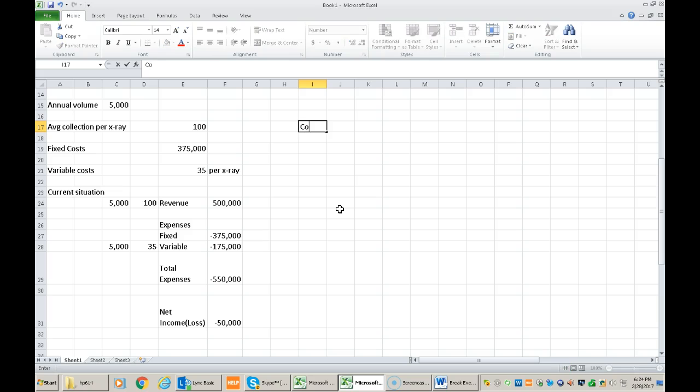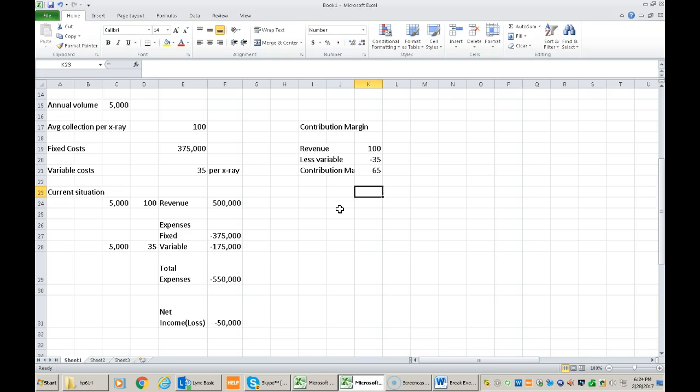So our contribution margin, we can take our revenue per item, $100, less variable, and so our contribution margin per item is $65.